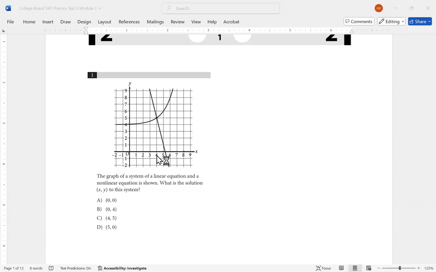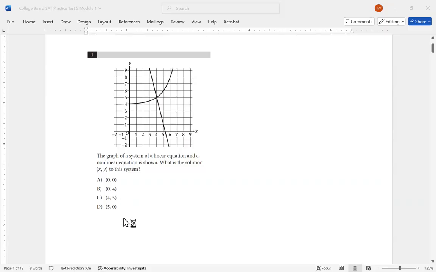You can see it has an x value of 4 and a y value of 5. So that's the point 4 comma 5. Therefore, the answer to question 1 is C, 4 comma 5.